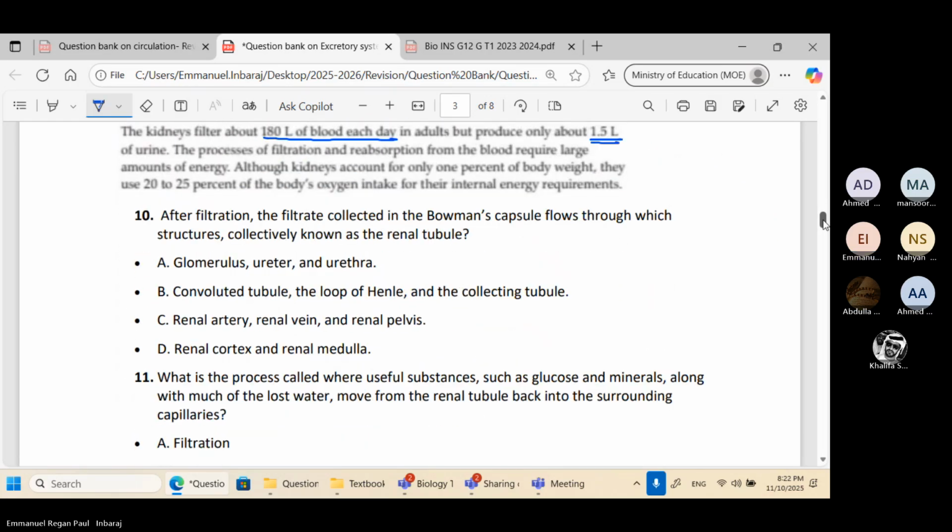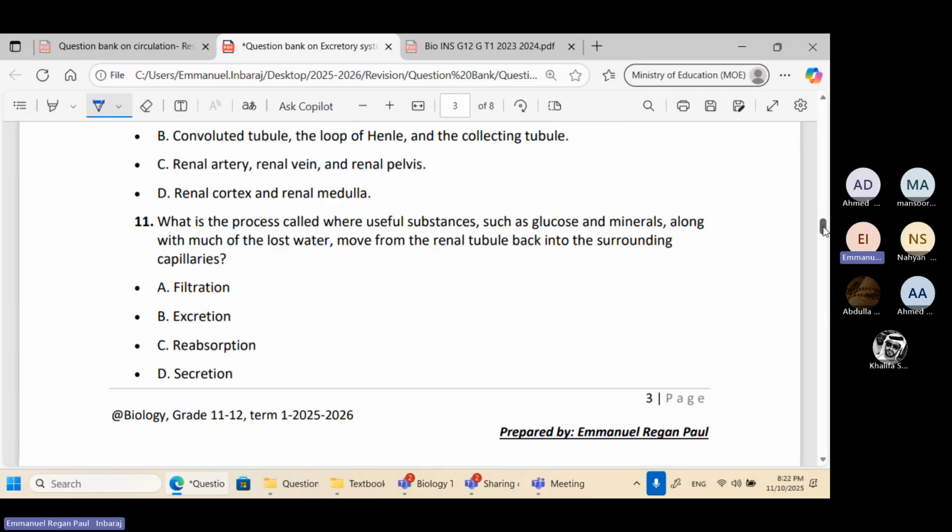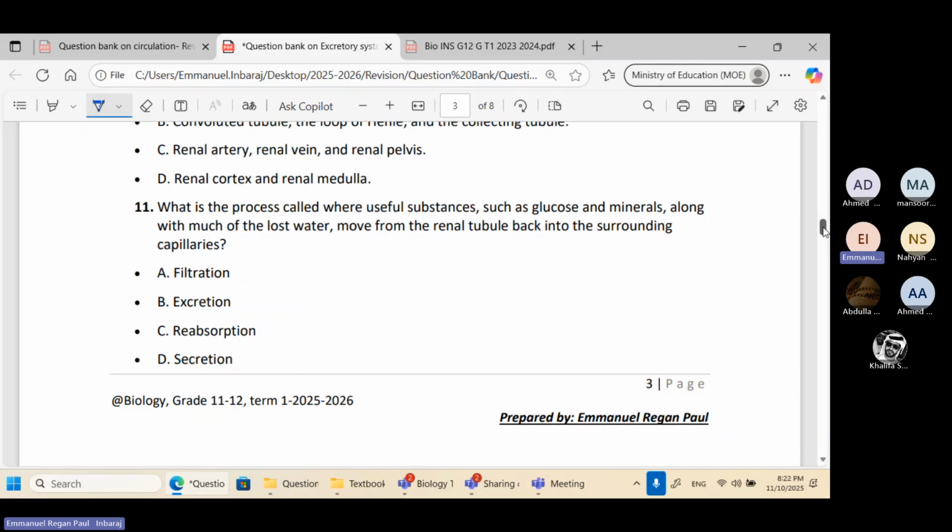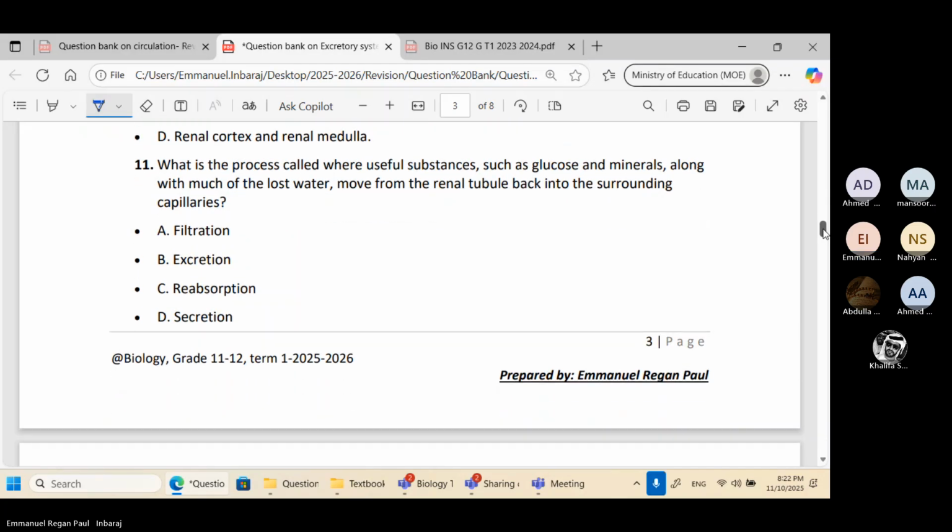Now let's come here. What is the answer for question number 11? What is the process called where useful substances like glucose and minerals, along with much of the lost water, are taken back into the surrounding capillaries?